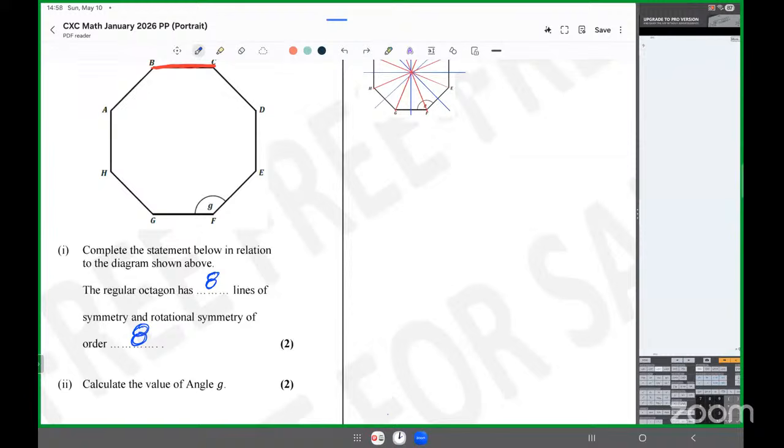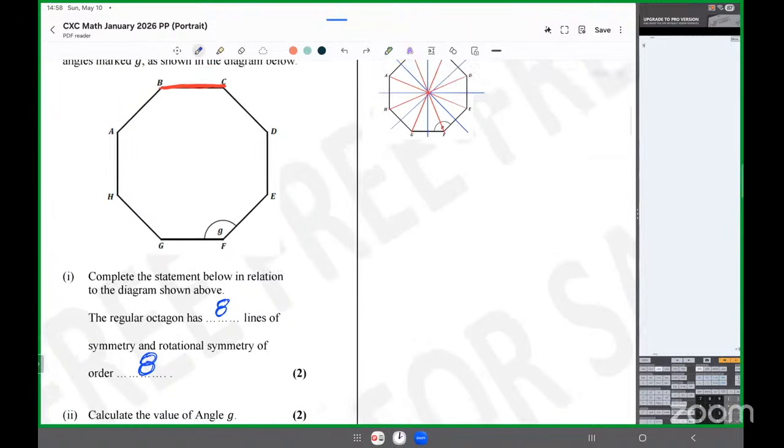The total interior angle changes depending on the number of sides, but regardless of the number of sides, the exterior angles will always add up to 360 degrees. So to find an interior angle, it is sometimes better to find the exterior angle first and then subtract from 180, because the exterior and the interior must add up to 180.